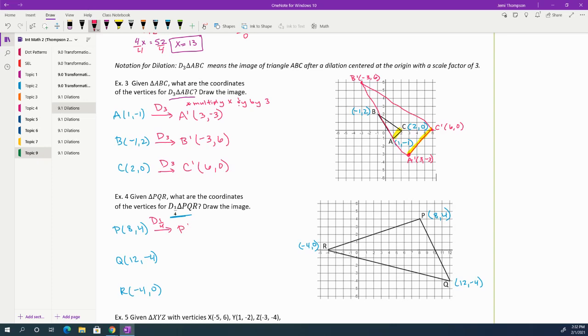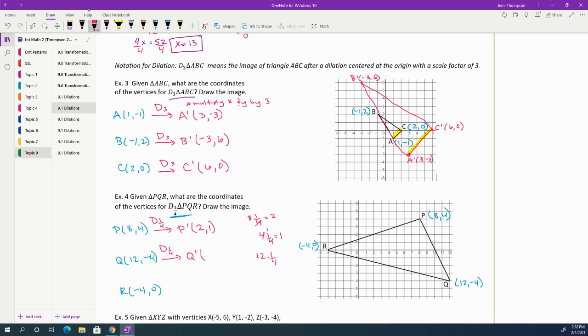So P prime, now I have 8 times 1/4, which is 2. And I have 4 times 1/4, which is 1. So a dilation of 1/4. For Q, I have 12 times 1/4.